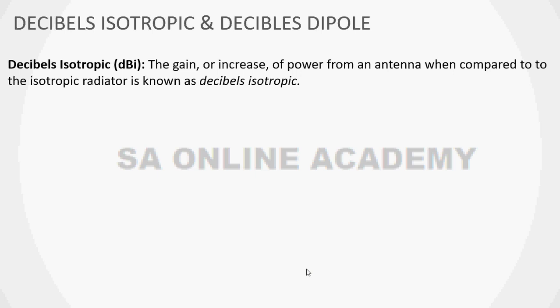The dBi value is measured at the strongest point or the focus point of the antenna signal only. The dBi value is never negative. It can be zero, and an antenna with a dBi value of zero is referred to as a no gain or unity gain antenna.